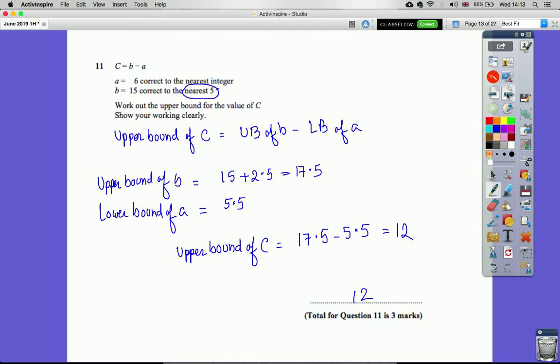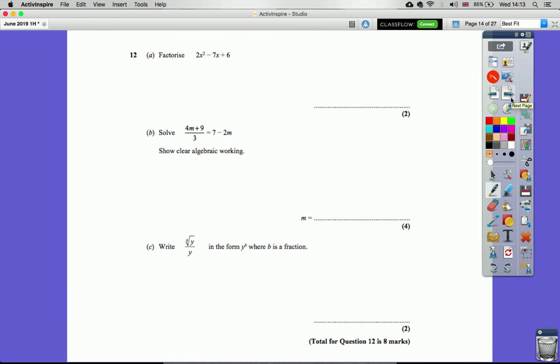Okay, and question number 12. This is the last question of this segment. This is an algebra question. So first of all, factorize 2x squared minus 7x plus 6. Now you note that here x squared has a different number before it as a coefficient.